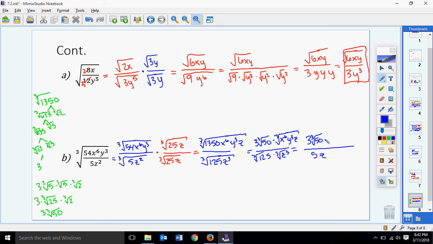And I can break this x to the 6th into the cube root of x cubed and the cube root of x cubed again. And when we add those exponents, it would give us back x to the 6th. We still have the cube root of y cubed. That's already a perfect cube. And I'll squeeze in the cube root of z.